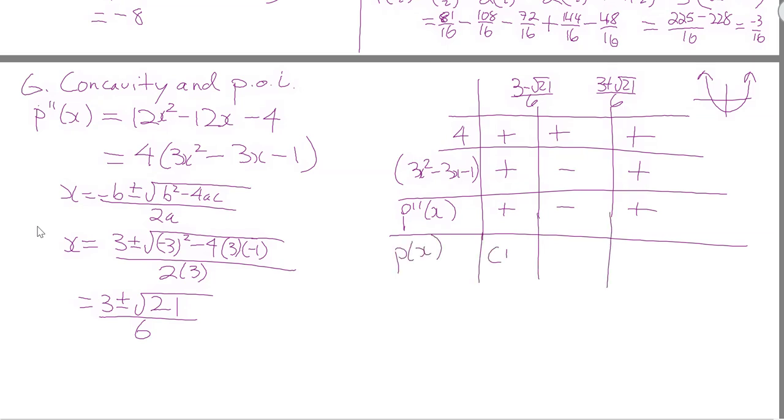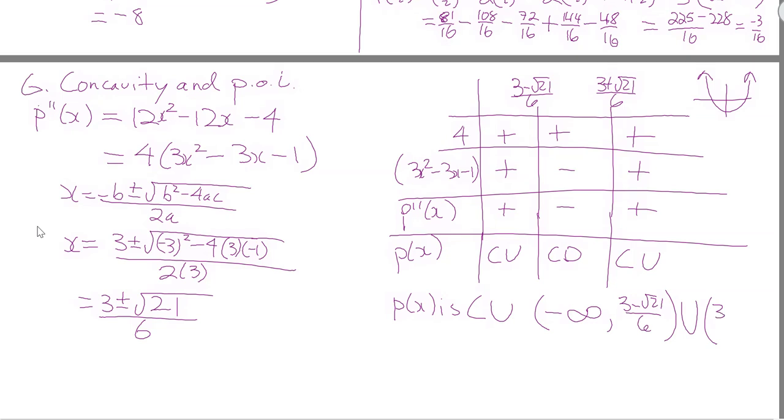P of x, CU, CD, CU. So P of x is concave up, negative infinity, 3 minus root 21 over 6, and 3 plus root 21 over 6, infinity.